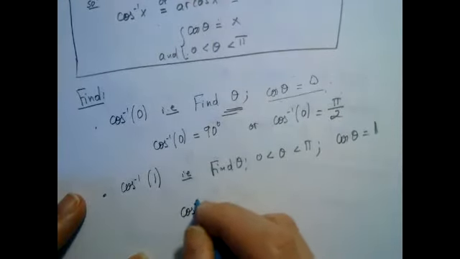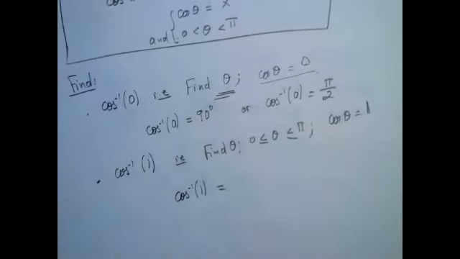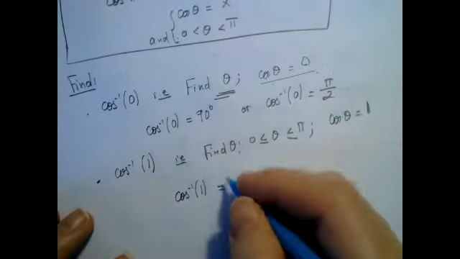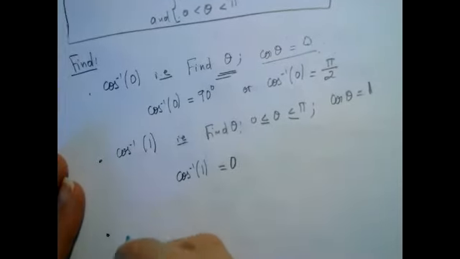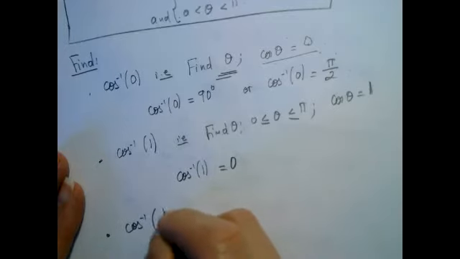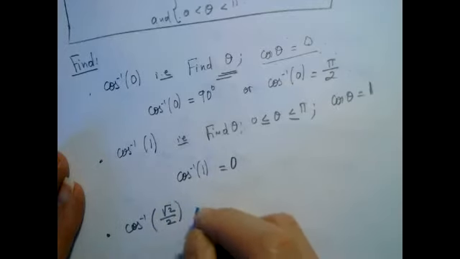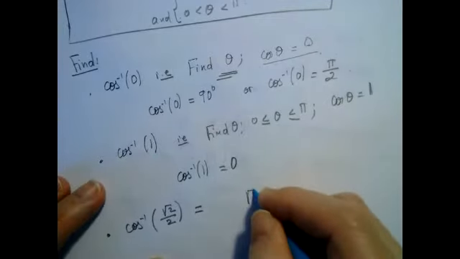It's the angle between 0 and pi that satisfies this condition. So what's cosine inverse of 1? Absolutely 0. Whether it's radian or degree, it's just 0. Okay. Now two more. What's cosine inverse of the square root of 2 over 2? It means, what's the angle?